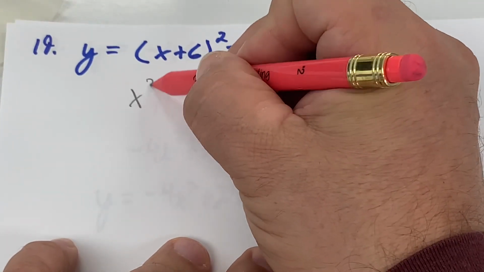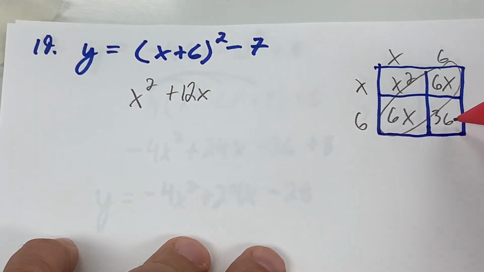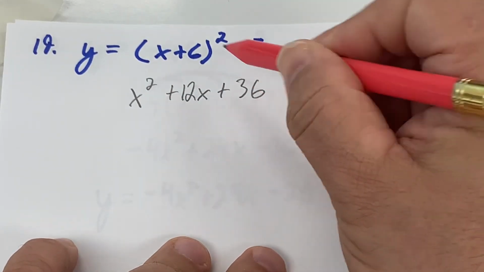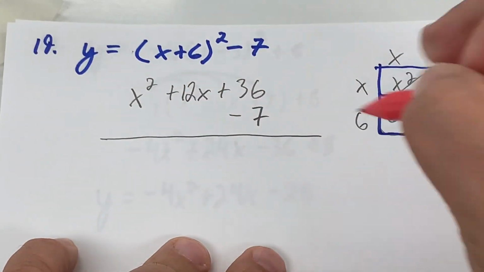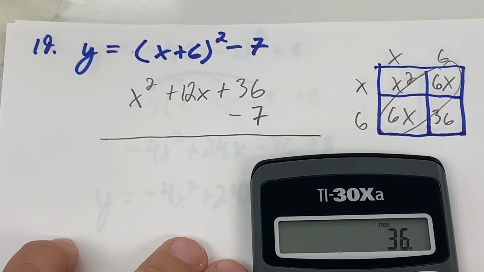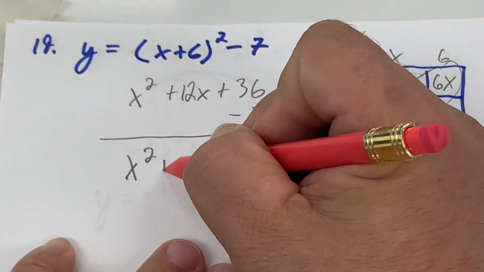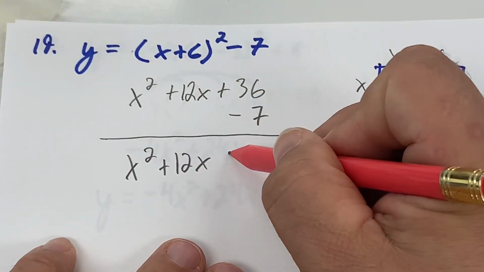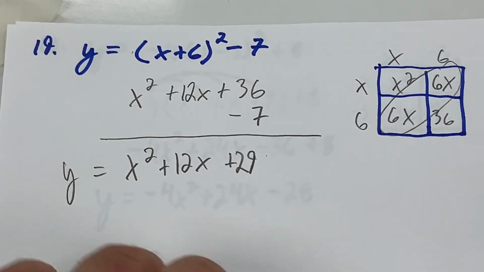So that's going to give me x squared plus 12x plus 36. Now I have no number up front, so I just put the minus 7 into my problem. 36 minus 7 is going to give me 29. So this is going to be x squared plus 12x plus 29. And that's y equals. That's standard form.